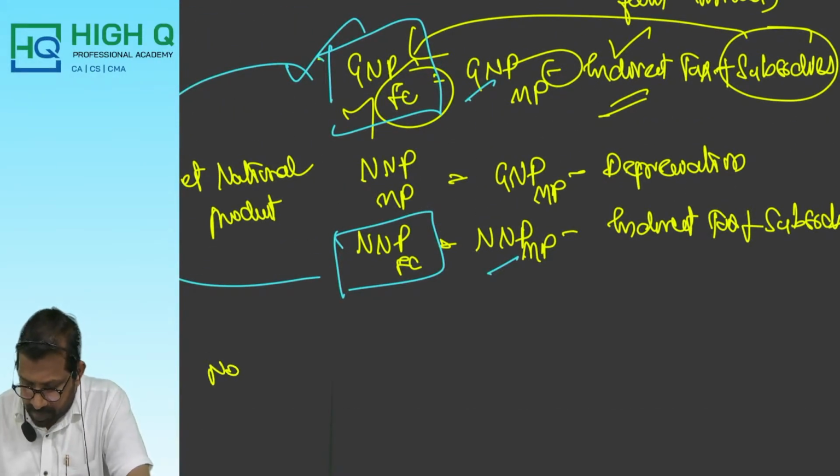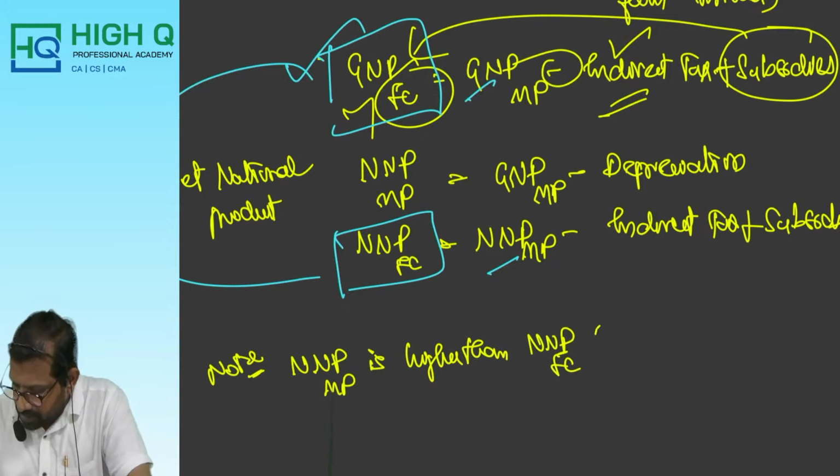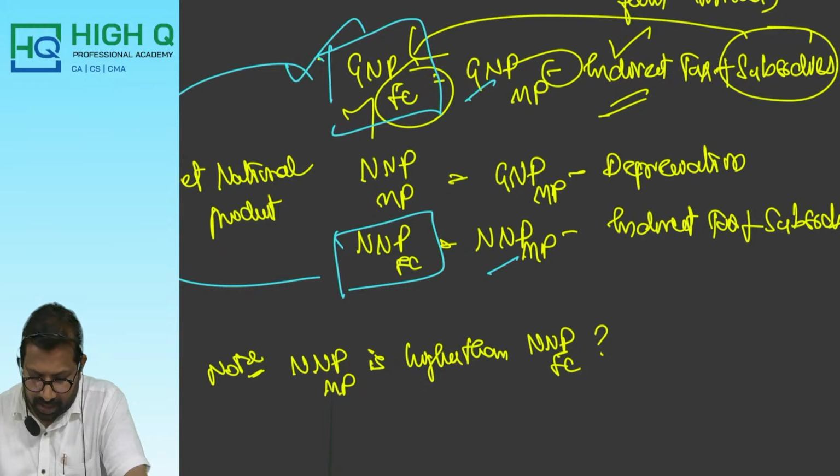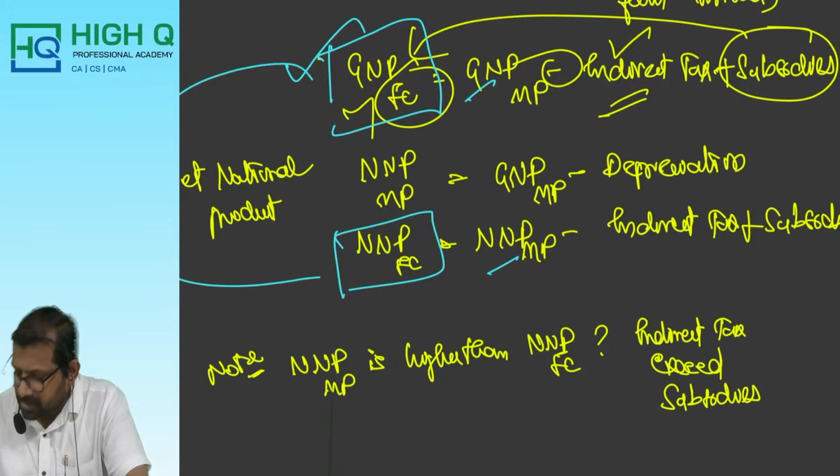But from the examination point of view, the NNP at market price is always higher than NNP at factor cost. Sir, why and how is the NNP at market price higher than NNP at factor cost? The reason is indirect tax always exceeds subsidies.